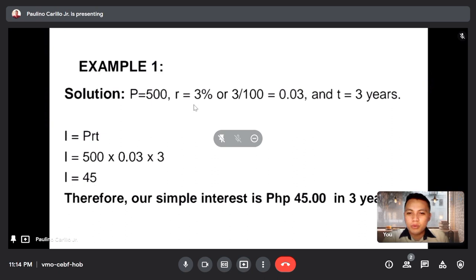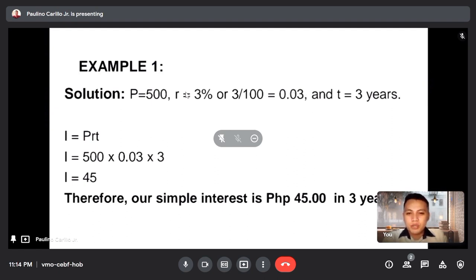Because in hand computation, we cannot simply multiply a number with a percentage symbol. To be able to multiply it, we need to convert it into a decimal. How are we going to do that? We just simply divide 3 by 100, and that is our rate.